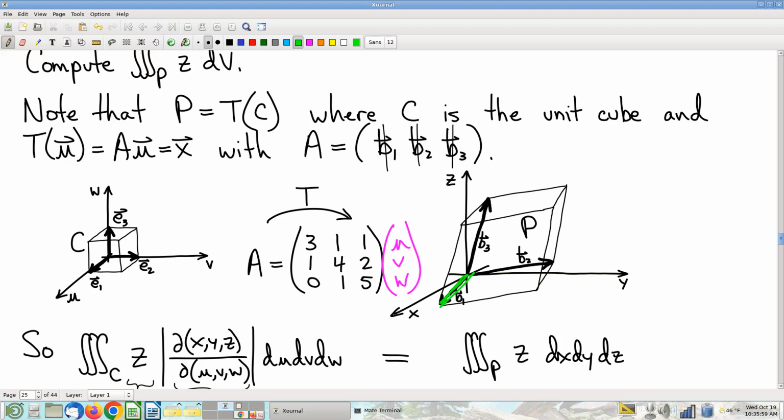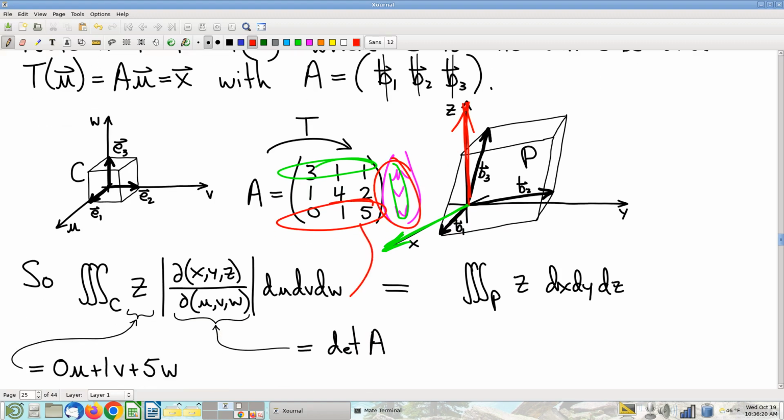The x coordinate, the first output, is going to be that, right? And then likewise the second, analogously the third. So the third output coordinate, that z, is going to be that, and that red dot product is that. Is that cool? Everybody happy?